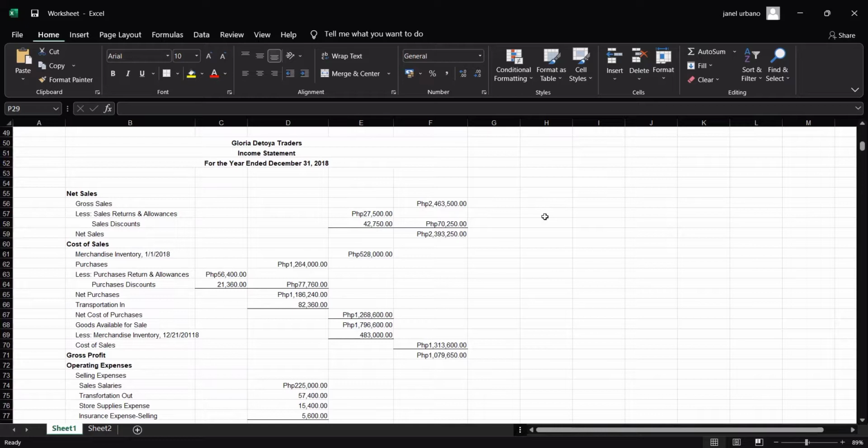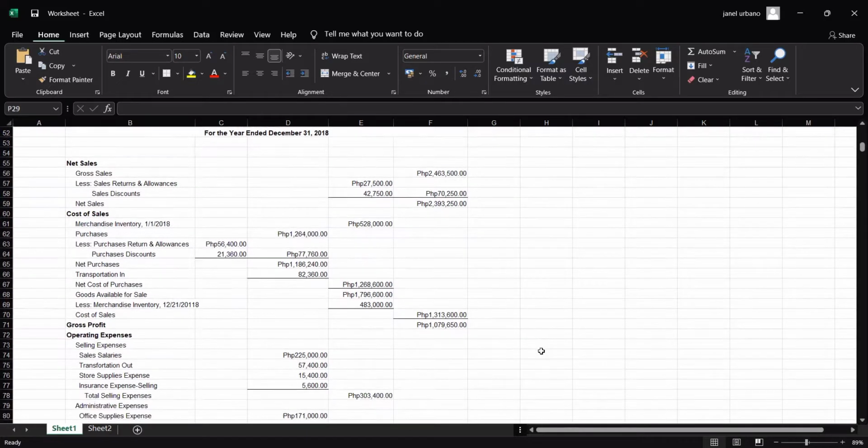Gross sales less yung mga sales returns and allowances and sales discount, we will get the net sales. So for the net sales, it's 2,393,250 pesos. So for the cost of sales naman, we have the merchandise inventory, the beginning.